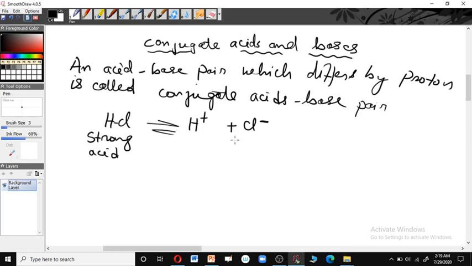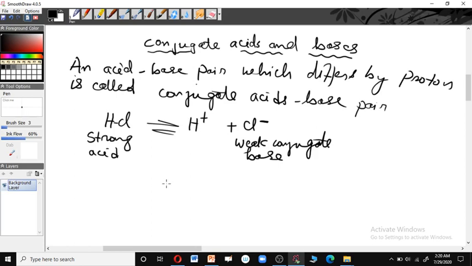This is a weak conjugate base. So this acid and this base differ by this proton only. Such kinds of pairs are called conjugate acid and base pairs.